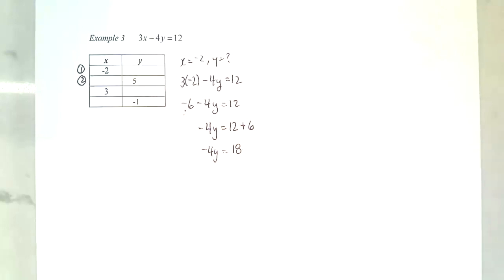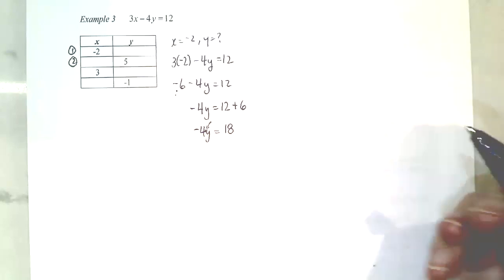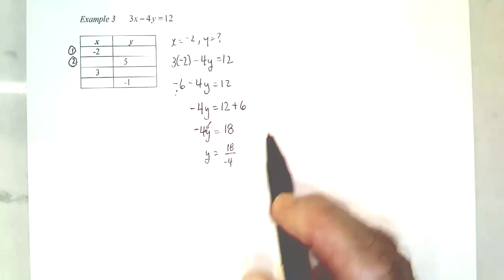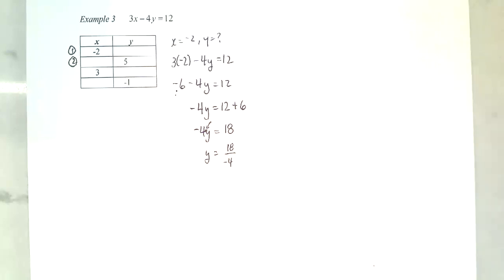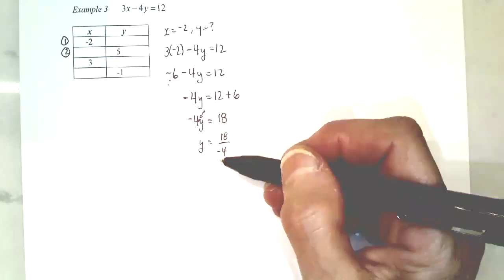Now remember, I'm going to transpose the negative 4, but its opposite of multiply is divide. And the negative 4 remains negative because the opposite happens with times changing to divide. There's your fraction. 18 doesn't divide by 4. You don't have to try to divide it.